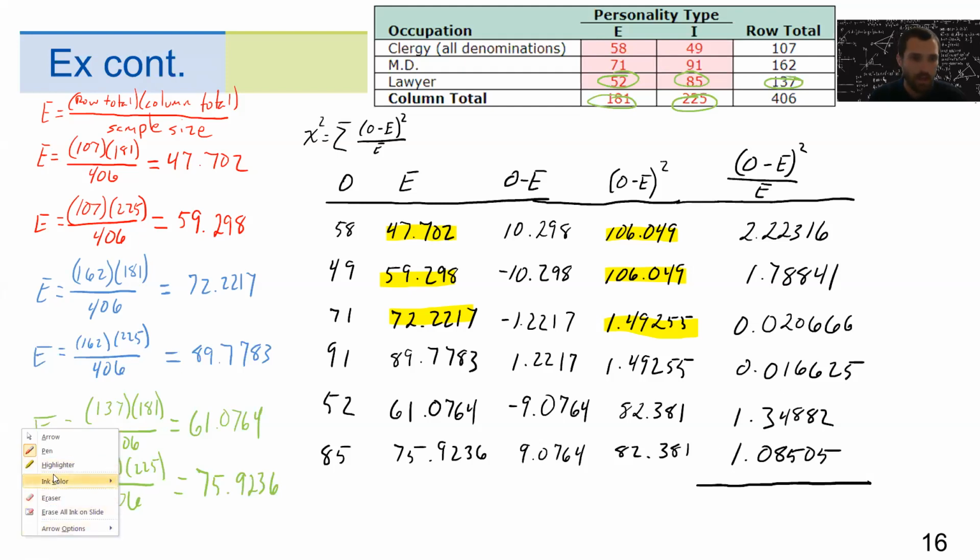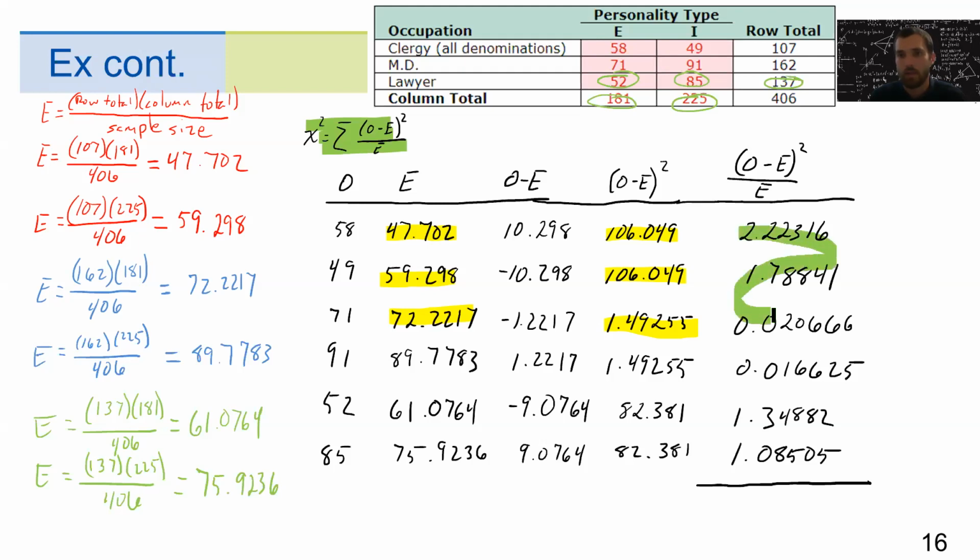In adding that entire column, that will yield this added with this, added with this, added with this, added with this, added with that, okay?